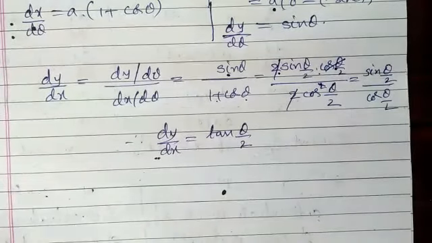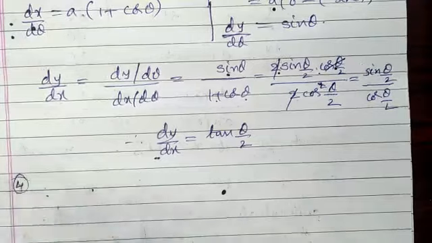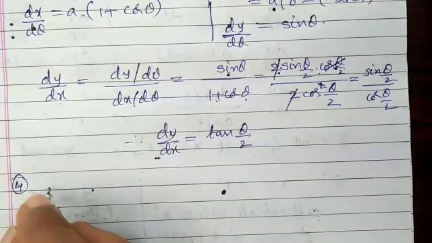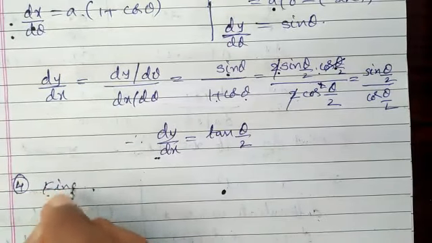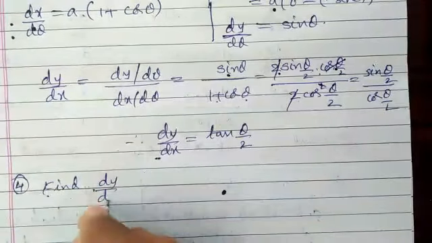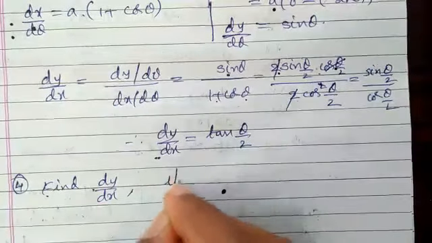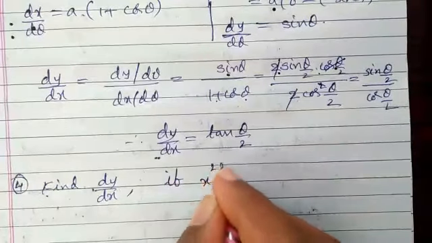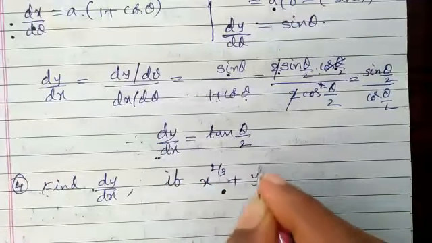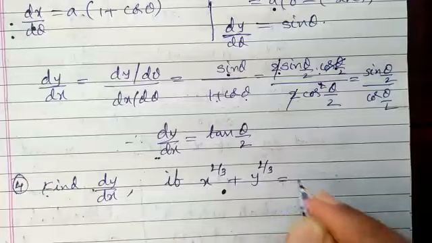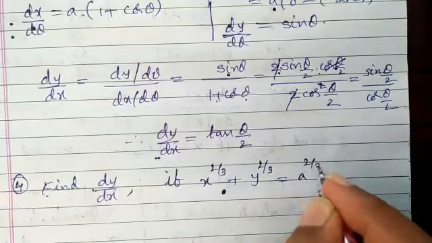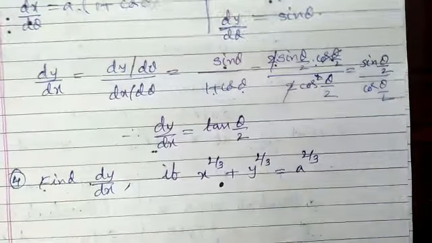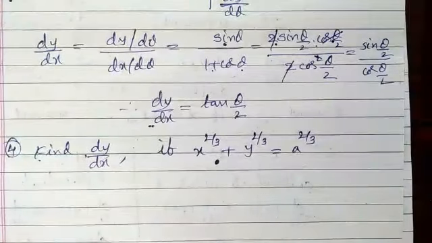Next, guys, the fourth one. Find dy by dx if x power 2 by 3 plus y power 2 by 3 is equal to a power 2 by 3. This problem you can solve in two ways, guys.